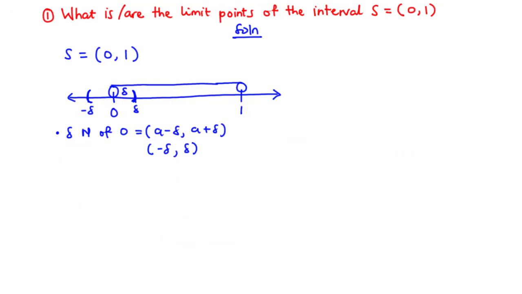Now you realize that the intersection of the delta neighborhood of 0 and the set S is going to be this region.